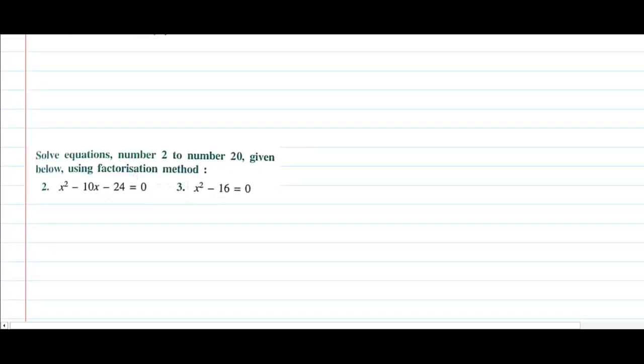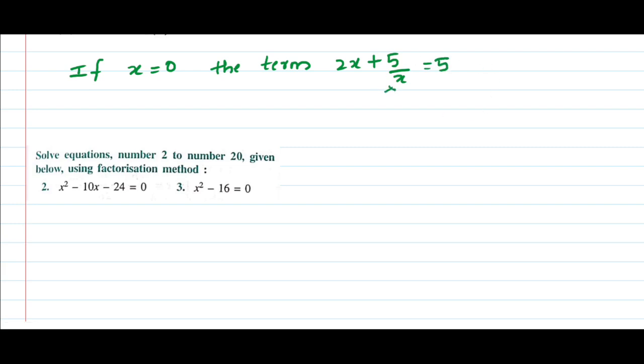And the last MCQ part is for the quadratic equation 2x plus 5 by x is equal to 5. Here, if we consider x as equal to 0 and substitute it in 2x plus 5 divided by x is equal to 5, the equation will be undefined.